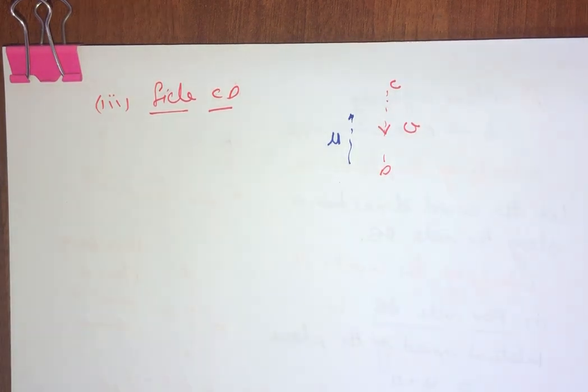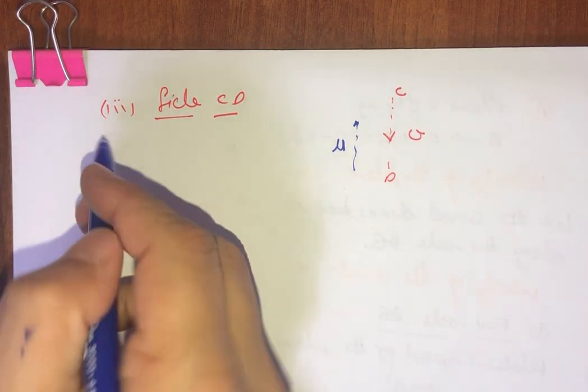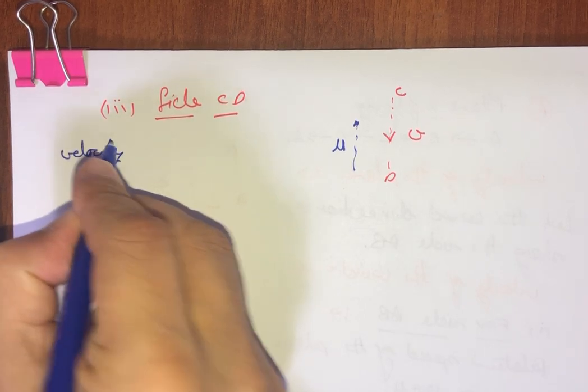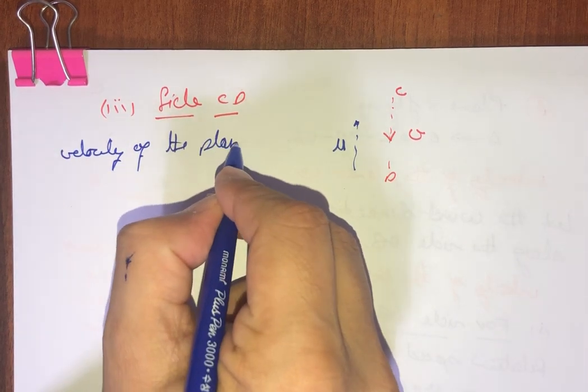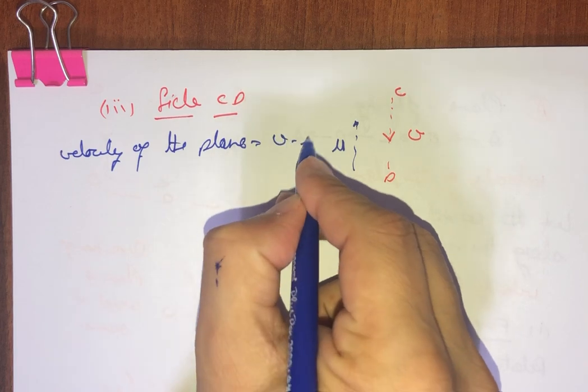So we can say that the velocity of the plane will be equal to V minus u.